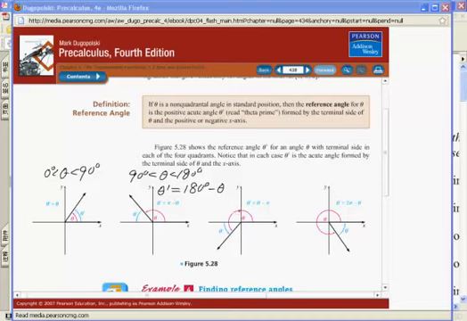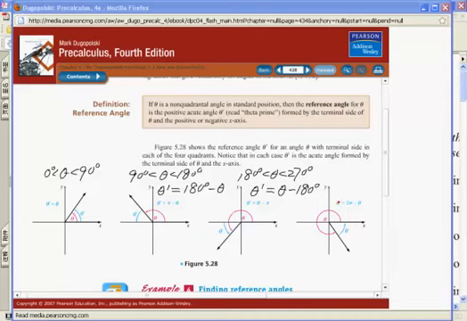And if your angle is greater than 180 degrees but less than 270 degrees, then the reference angle theta prime is equal to theta minus 180 degrees, or say theta minus pi.